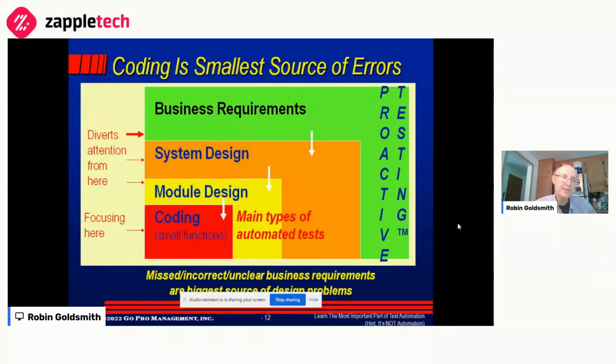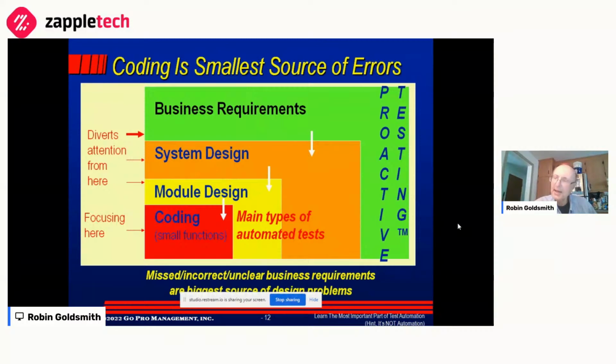So I have this technique or methodology that I call proactive testing. And one of the strengths of proactive testing in comparison to traditional reactive testing is that proactive testing is concerned with whether the requirements are right, whether the design is right, as well as whether the code is right. Okay?